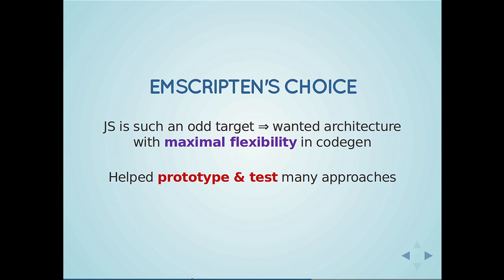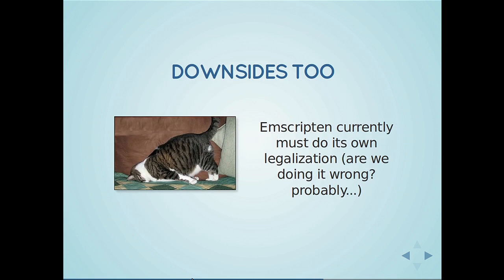And this did help prototype and test a lot of things. So we've tried a lot of memory models, for example, of using JavaScript objects to represent objects in C, so each struct can become a JavaScript object. We've tried many different approaches, and just having this little script code base was kind of good for that. But this has downsides too.